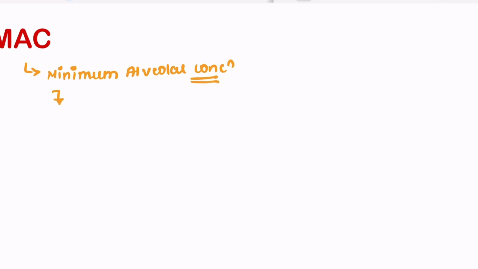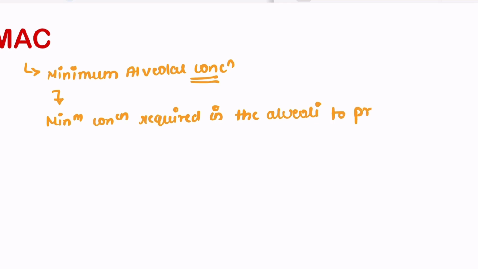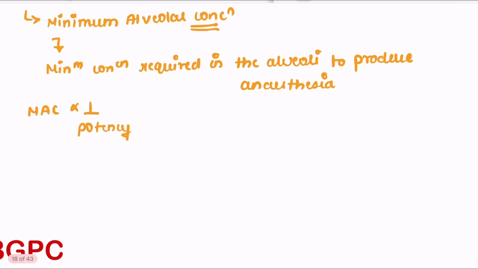MAC is the minimum concentration required in the alveoli to produce anesthesia. MAC is inversely proportional to potency. If the MAC increases, the potency will decrease.